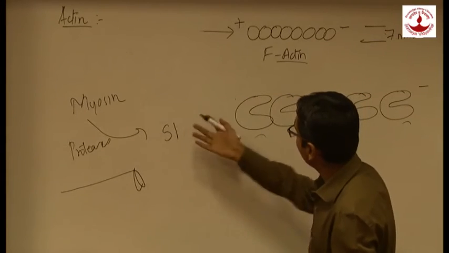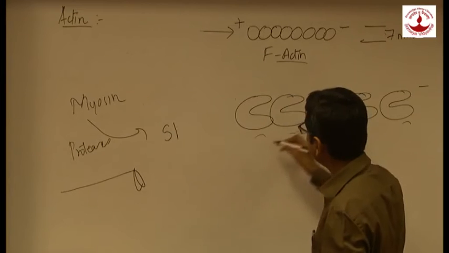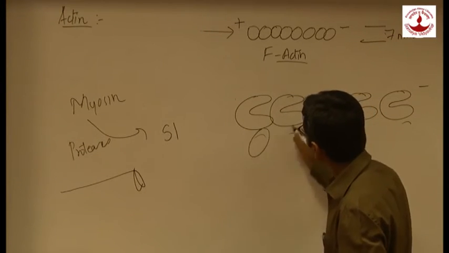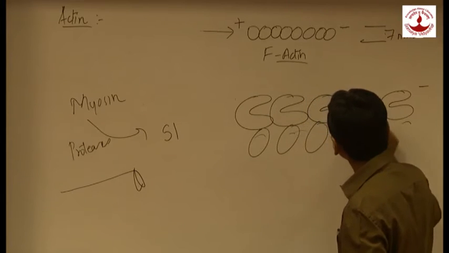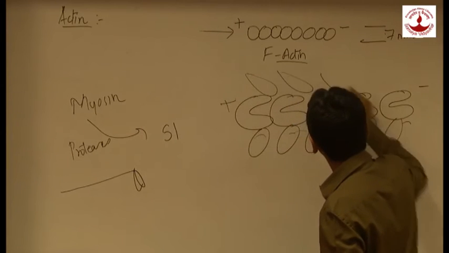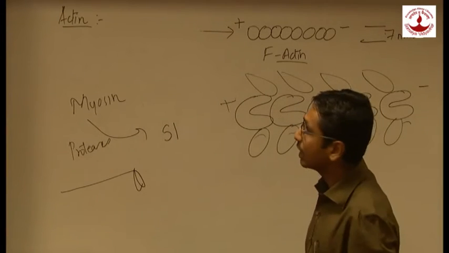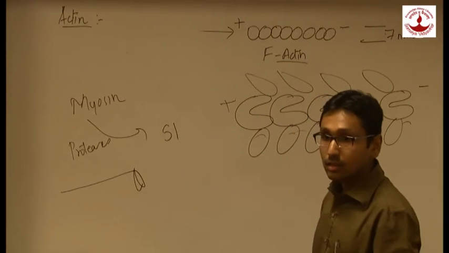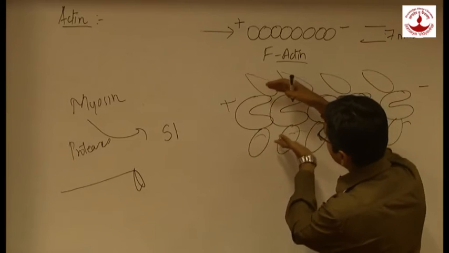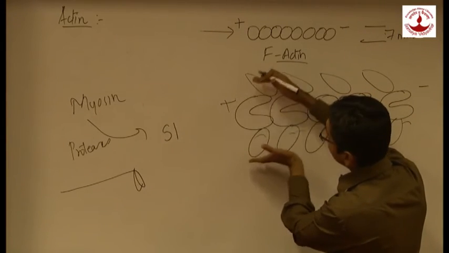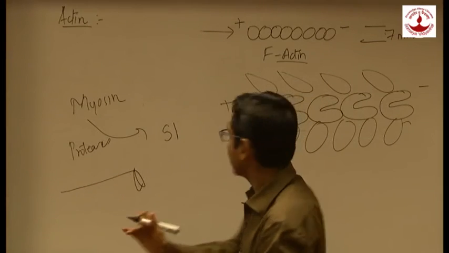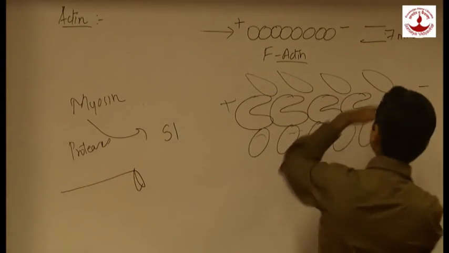When you add S1, it binds to actin at a particular angle. When you do an EM, you see that at one end the S1 is arranged apart, whereas the other end seems pointed.